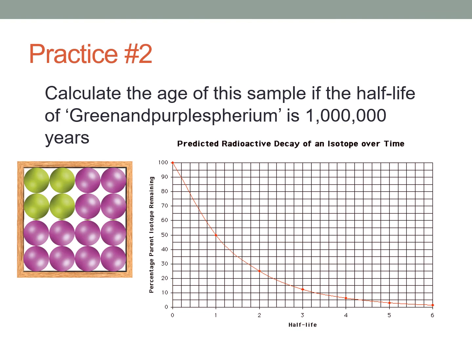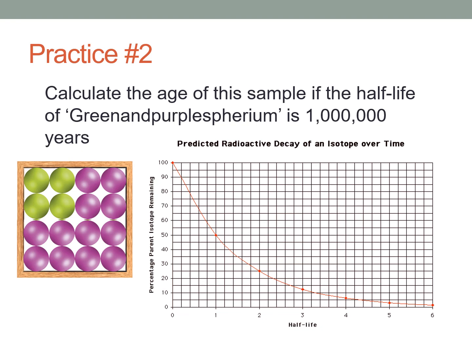Okay, so calculate the age of this sample if the half-life of green and purple spherium is 1 million years. Again, you've got to look at the number of parent isotopes remaining divided by the total number. So again, total number is 16, and we have 4 parent isotopes remaining.